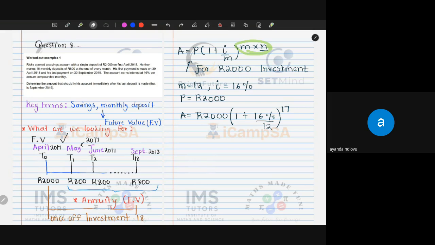So the point is what sits on the exponent would be the duration that we have the money invested. In this case, it so happens that it's 17 months. So if you want to convert and find the N, you can easily take 17 divided by 12, and then you'll find your N as 1 point something. Do you understand?